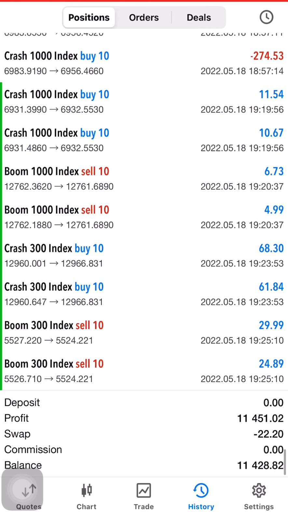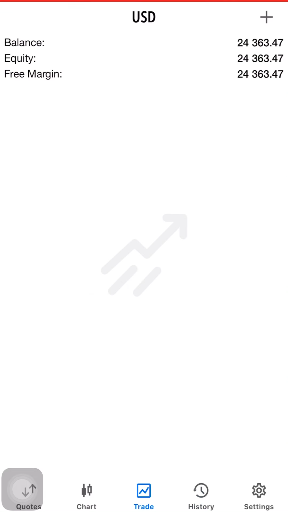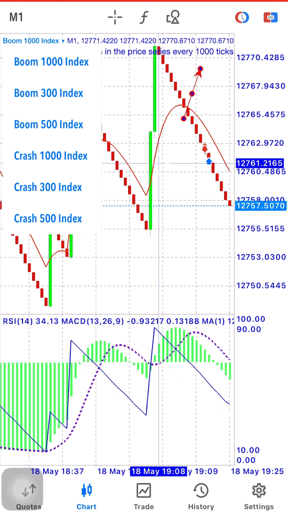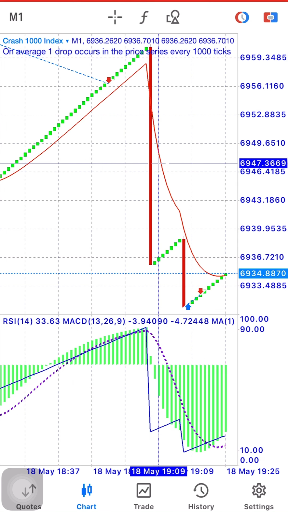If you notice, the Boom 300 we just entered, all the profit has been claimed by itself. So now let's go back to crash 1000 and see what is going on there. Okay, the market was here. We can take like two candlesticks here on crash 1000.